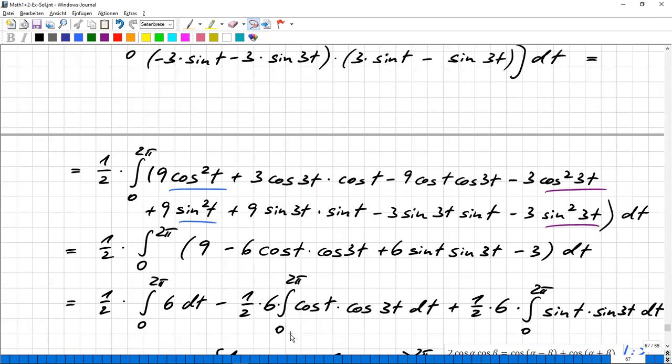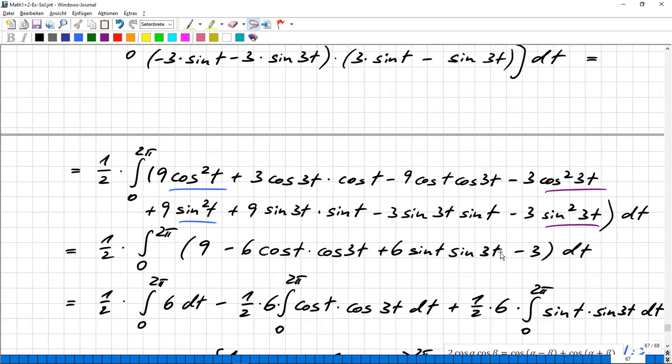Then times integral from 0 to 2 pi cosine of t times cosine of 3t dt. This is from here. And then even more, well, splitting up here and again here. The rest of it is 1/2 times, look here, 6 times integral sine of t times sine of 3t. And that has been put together with the 9 minus 3.